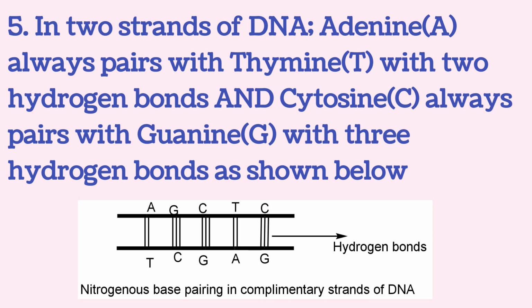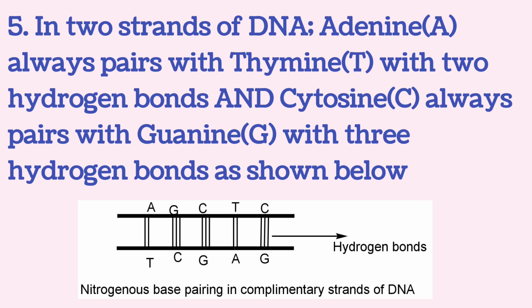A is on one strand and T is on the other strand. A is pairing with T with 2 hydrogen bonds, and G is pairing with C with 3 hydrogen bonds.